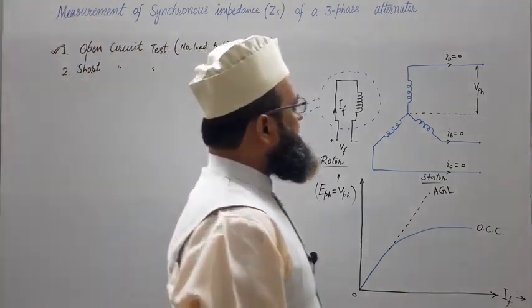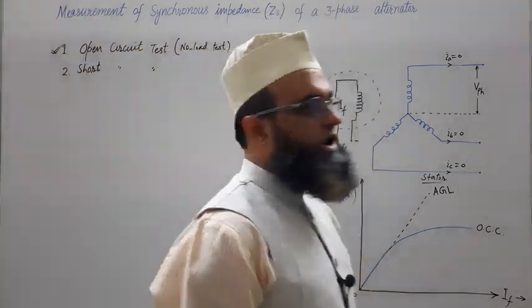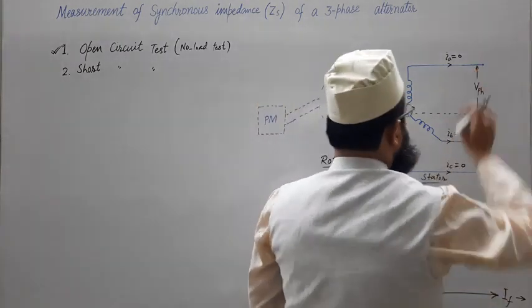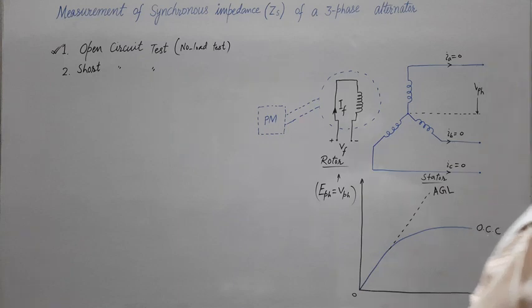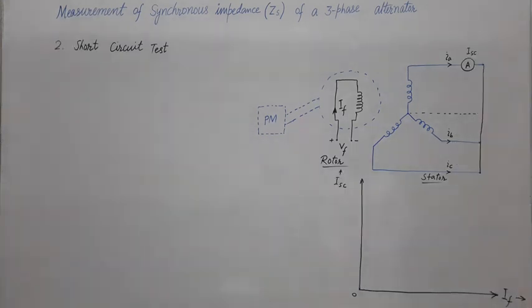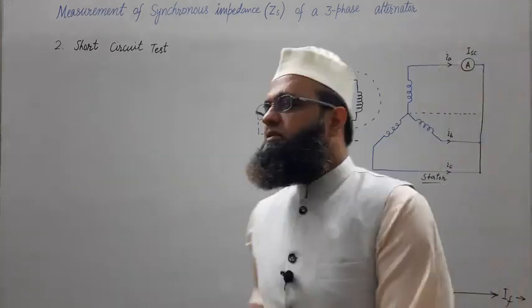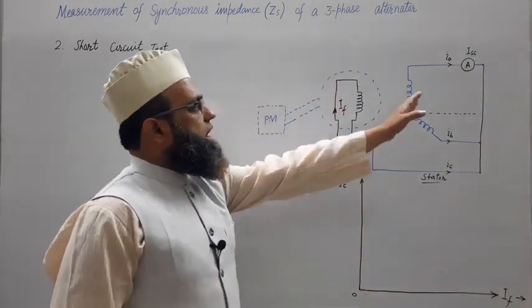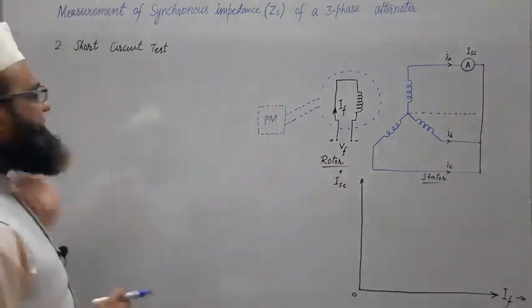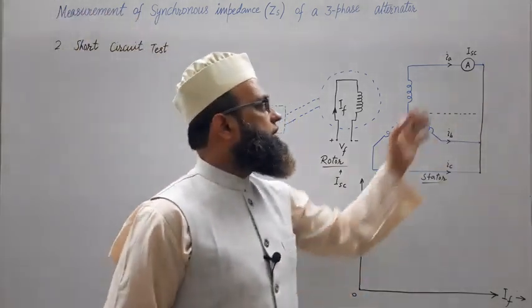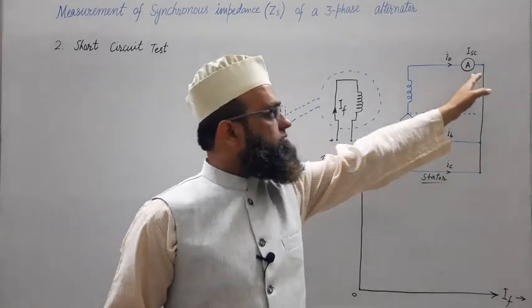Now we will discuss the short circuit characteristic. For that, we will short circuit these terminals. So the three terminals are short circuited as shown in the figure. Under the short circuit test, the first step is to short circuit the three terminals as shown.